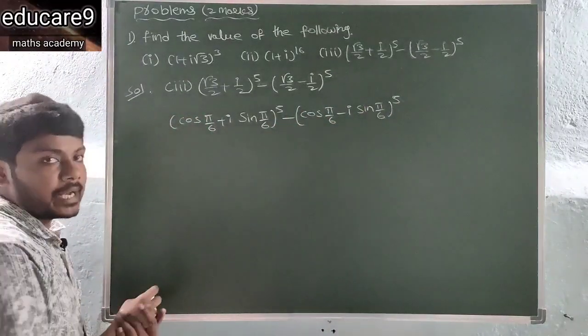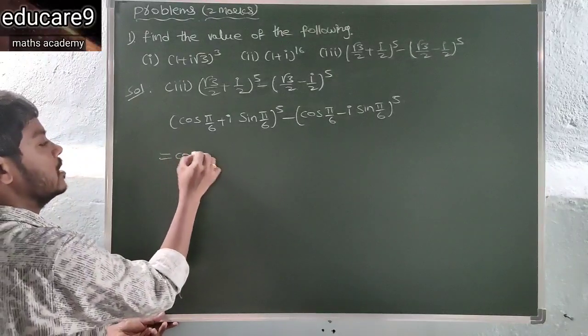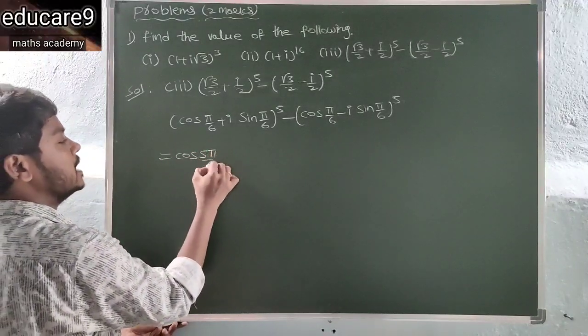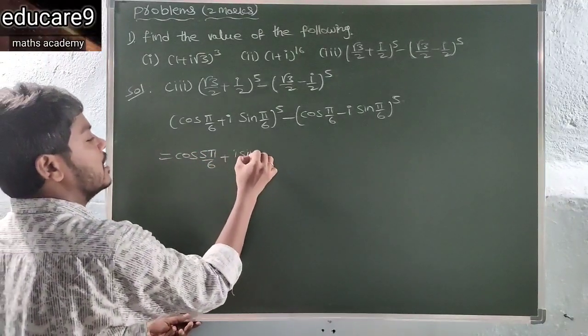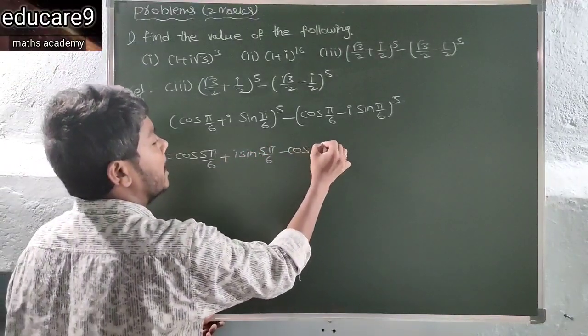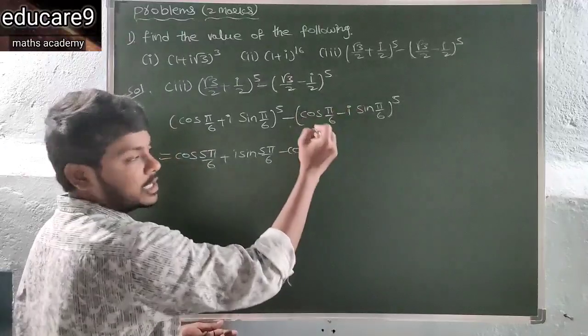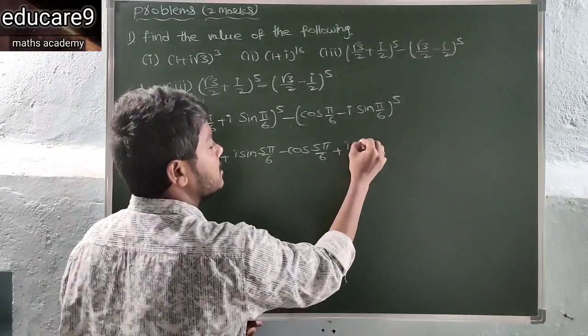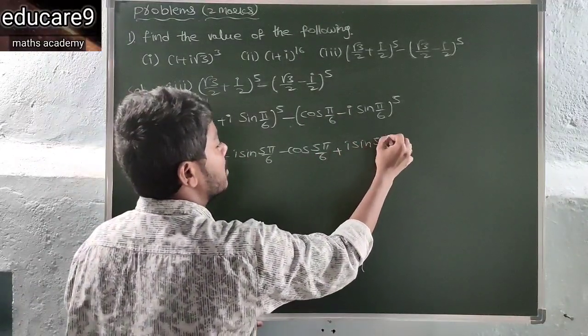So here we have to apply De Moivre's theorem, that is cos 5 pi by 6 plus i sin 5 pi by 6 minus cos 5 pi by 6, so minus into minus plus i sin 5 pi by 6.